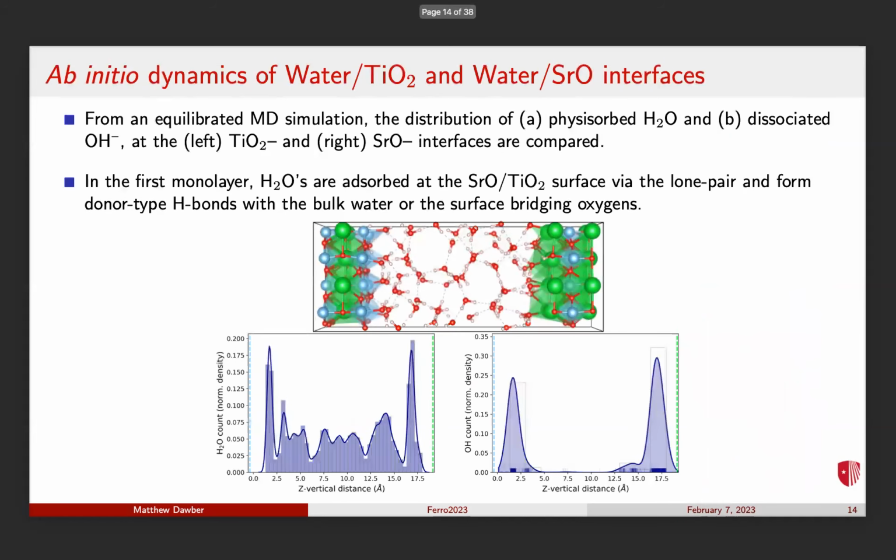After they do this, they get both physisorbed water and dissociated OH minus on the two different surfaces. And what they see is that there is water adsorbed onto this surface by this lone pair, and you get hydrogen bonds with the bulk water. So really there is a strong reaction between these surfaces and the water.